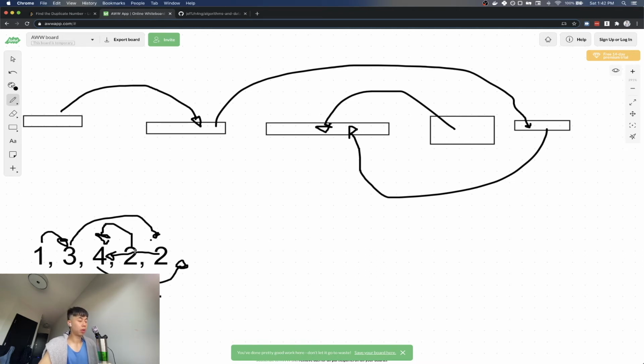So maybe I map to the nth. So right here, I'm mapping the value to the ith node. So this goes to 1, this goes to 3, these two go to 2, and 4 goes to the null.